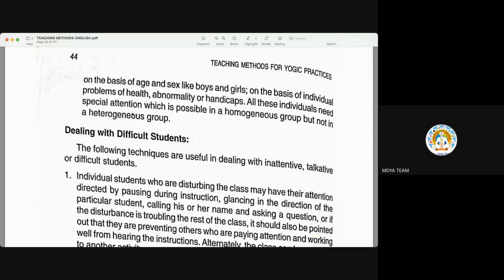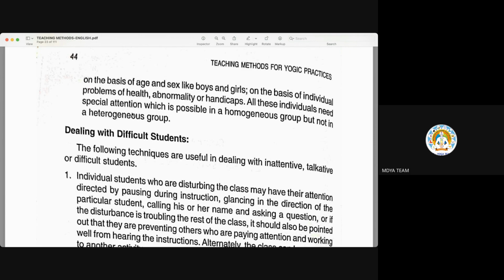So they also need some of the practices, not only physical practices, but also some mental relief they want. So in such cases of health problems, abnormality, or maybe handicap, they all need some yogic practices. So all these individuals need some special attention.